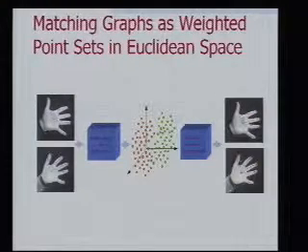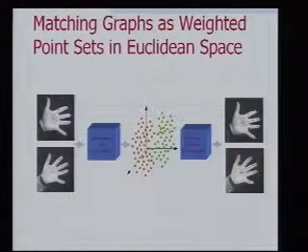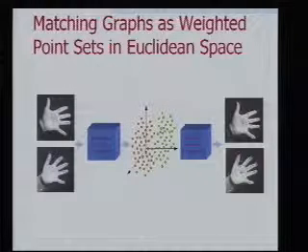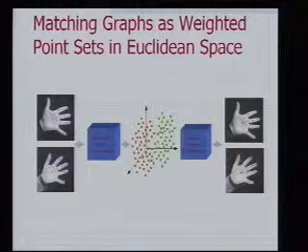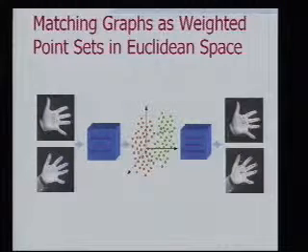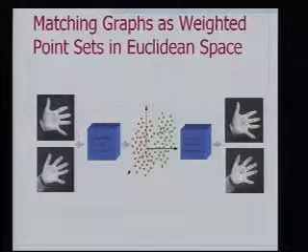So here's how we do it. We're going to take these graphs and we're going to somehow embed the nodes in the graphs into points in some kind of low-dimensional geometric space. Okay? And then we're going to use off-the-shelf algorithms to do many-to-many matching of these weighted point distributions in this space.